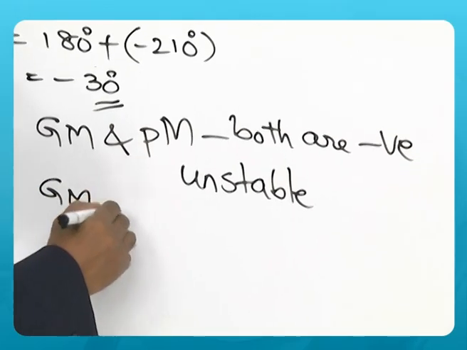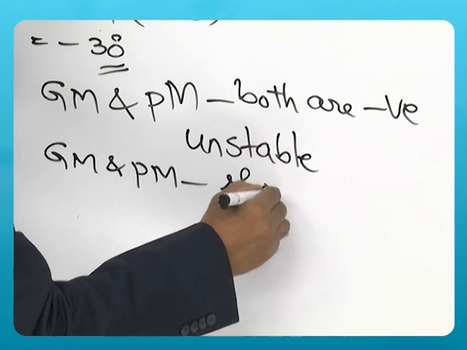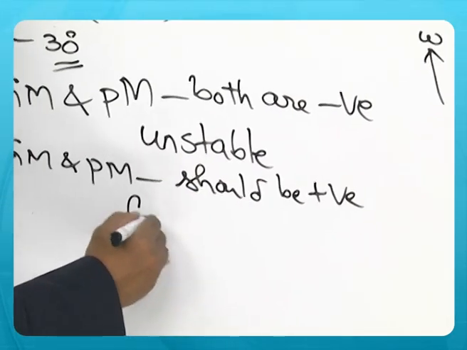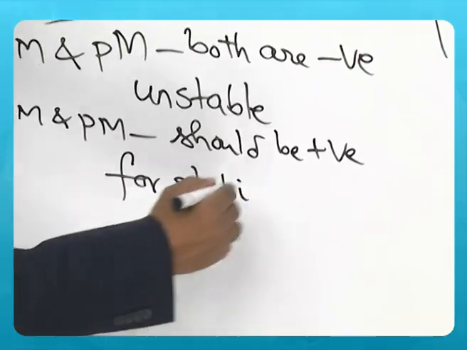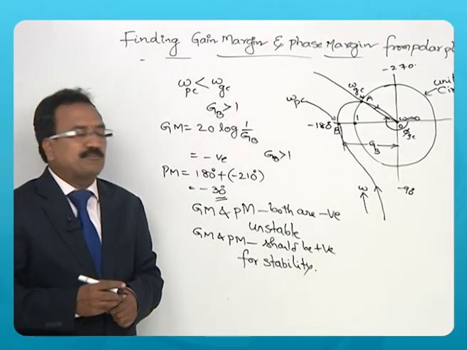Gain margin and phase margin both should be positive for the system to be said to be stable.